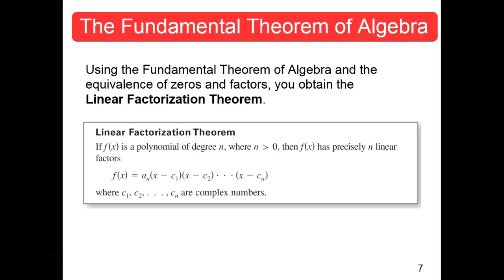You can break it down as a sub n, that's just some coefficient in front, times x minus c1 times x minus c2 times x minus c3, all the way down till you get to x minus cn. Exactly n linear factors.